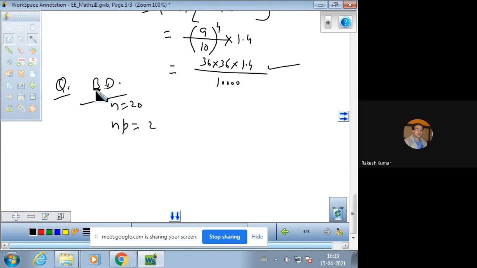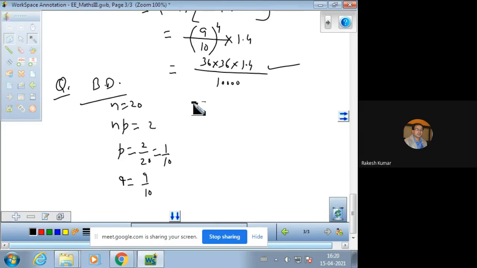You know that for the binomial distribution, the mean is np. So the mean number of defectives is 2. Further, you can calculate the value of p, that is 2 over 20, that is 1 over 10. So q comes out to be 9 over 10.